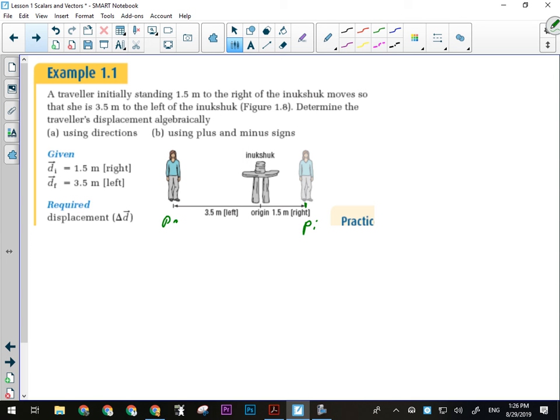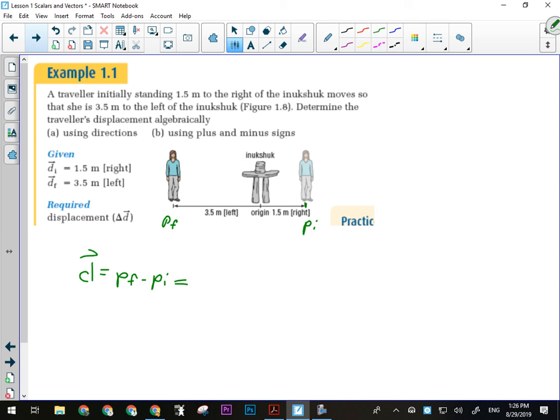This would be their final position. Determine the traveler's displacement. Displacement is how far and in what direction you go, and we can go final position minus initial position to do that.